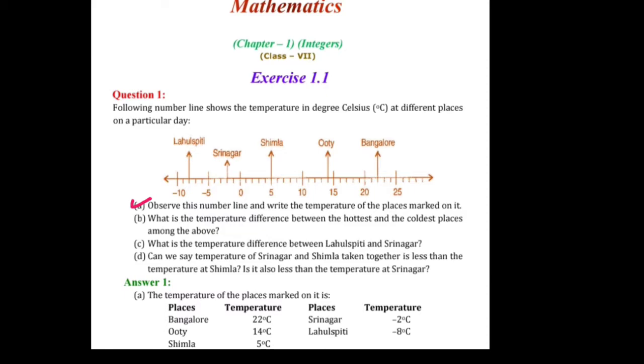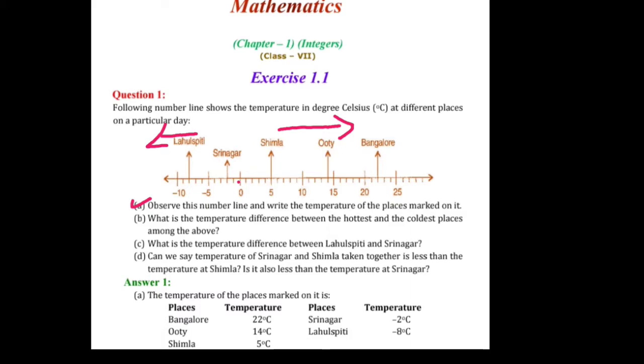Students, we know that on a number line, at the center is the origin point 0, and its right side has positive numbers and the left side has negative numbers.